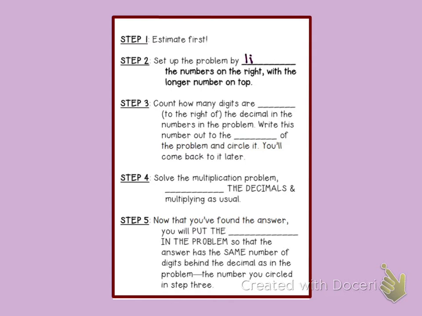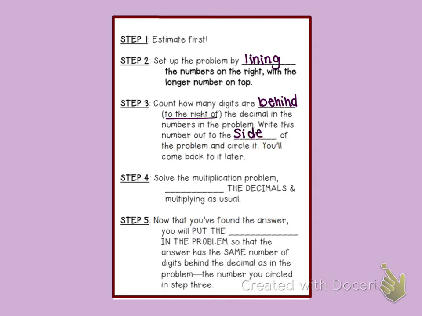Step 3 says we're going to count how many digits are behind the decimal, or to the right of the decimal, in the numbers in the problem. We're going to write this number out to the side of the problem and circle it, and then we'll come back to it later.